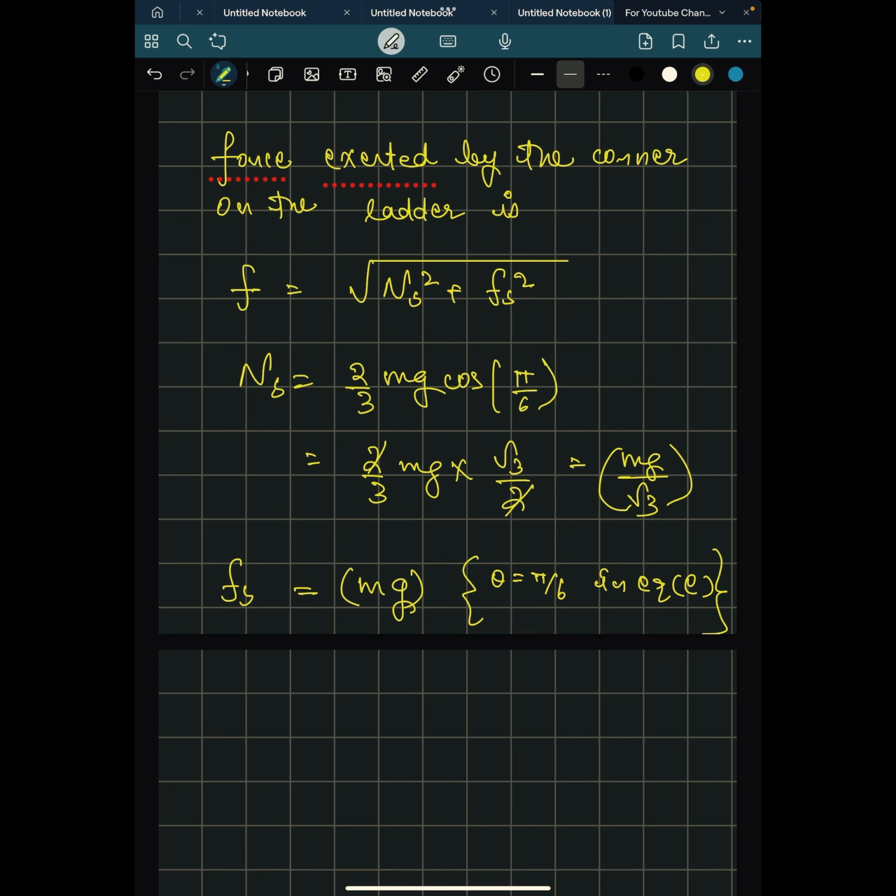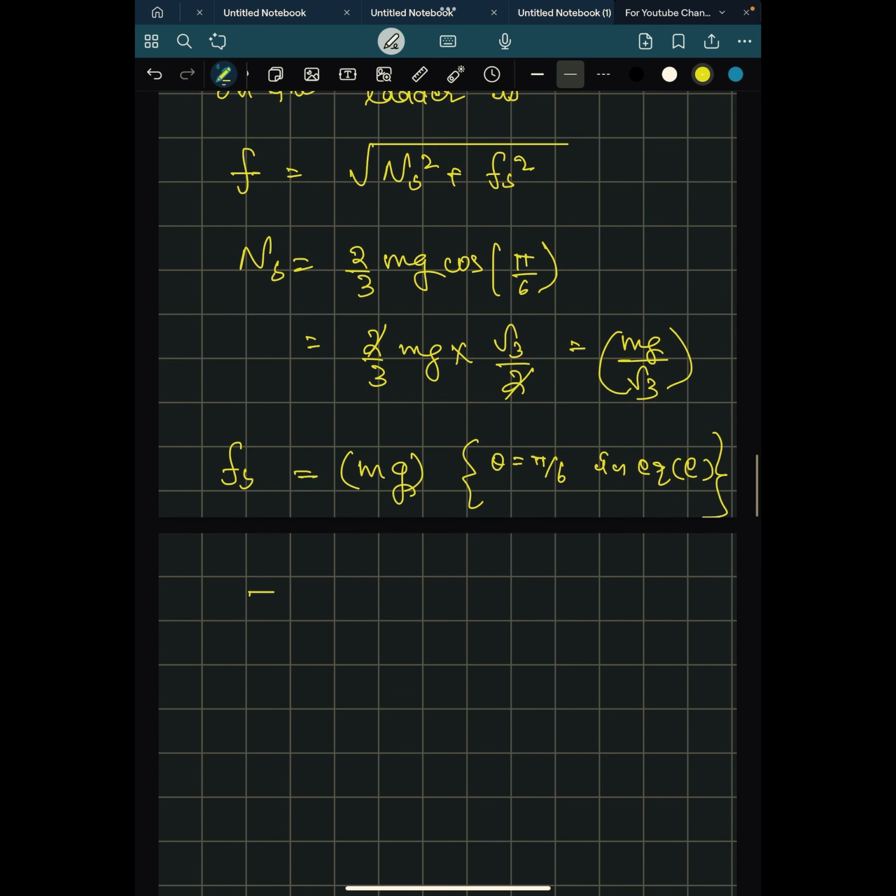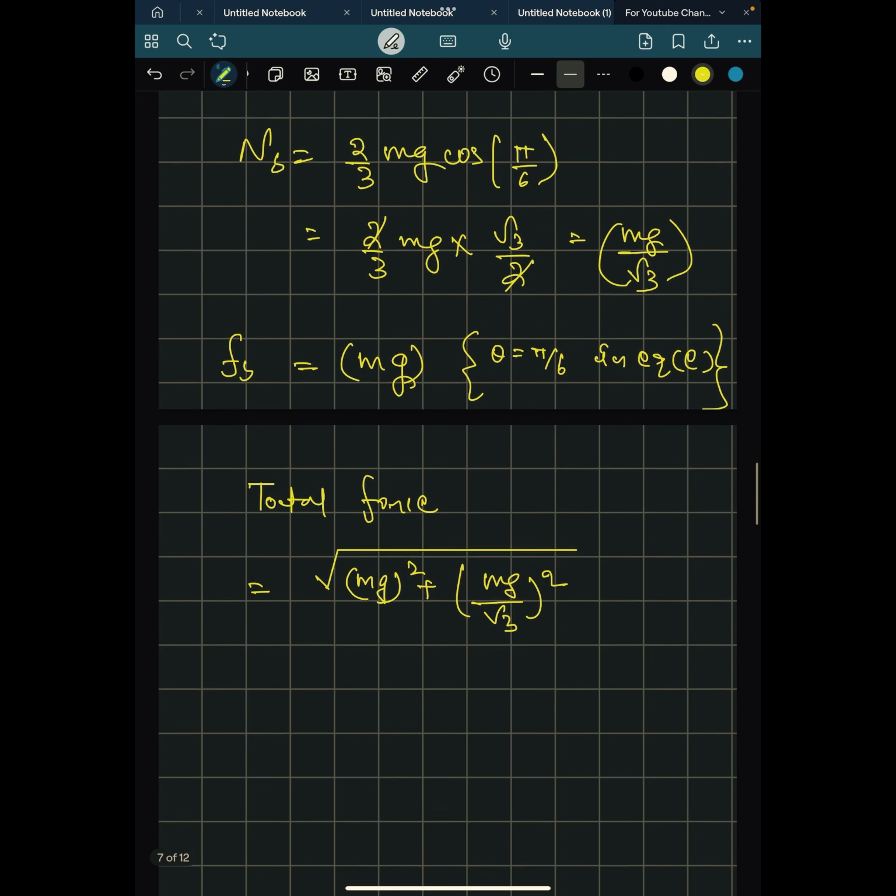So that total force is given as root under mg square plus mg by root 3 square.